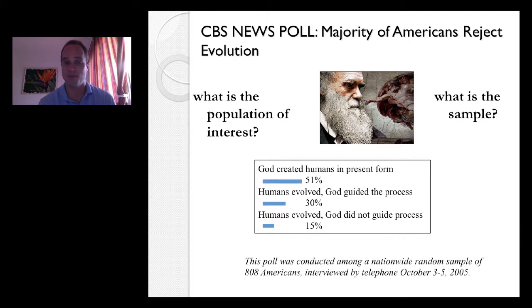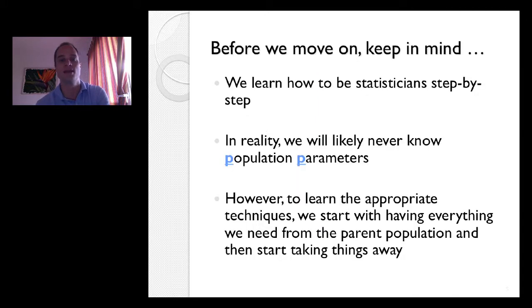They didn't know what the population actually thinks about evolution, so they asked 808 people. But although we aren't likely to know population parameters for interesting questions, early on in this course and in the early chapters of any textbook, we're going to start knowing that information about the population.